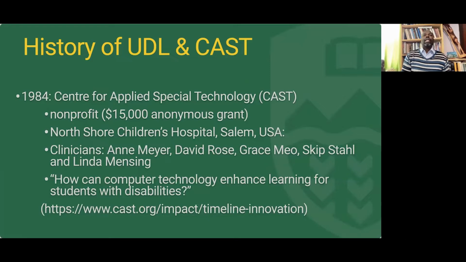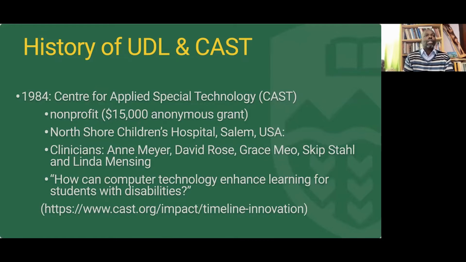Universal Design for Learning has its roots at the Center for Applied Special Technology, CAST, from 1984. CAST was started as a nonprofit with an anonymous grant of $15,000 at the North Shore Children's Hospital in Salem. The 5 founding members were clinicians: Mayer, Rose, Mio, Stalk, and Mensing.